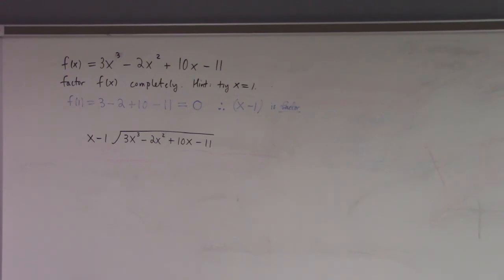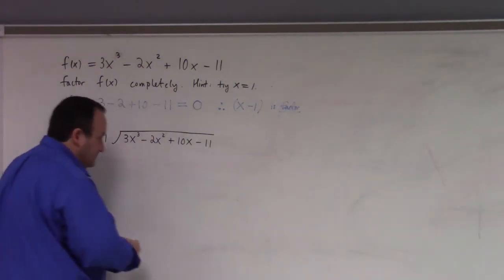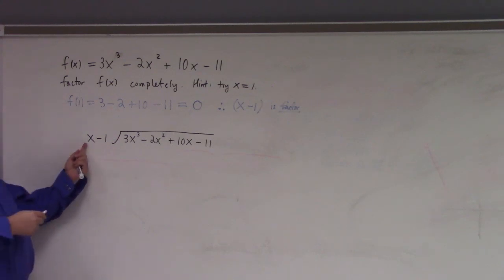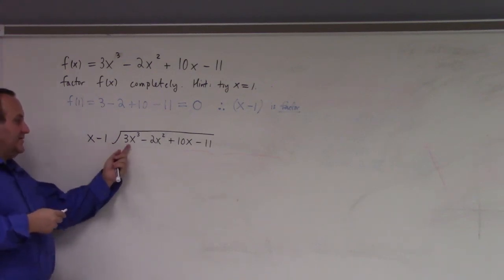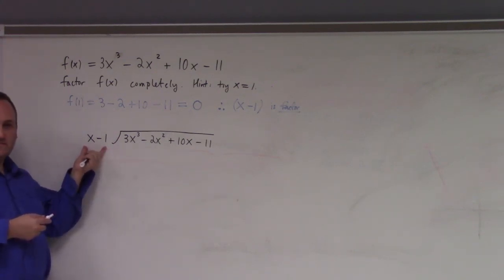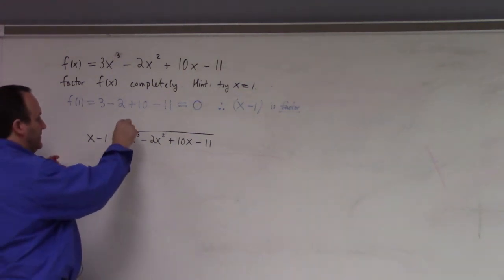So in my long division, what do I start with? How do I get a 3x cubed from an x minus 1? What do I want here? 3x squared.